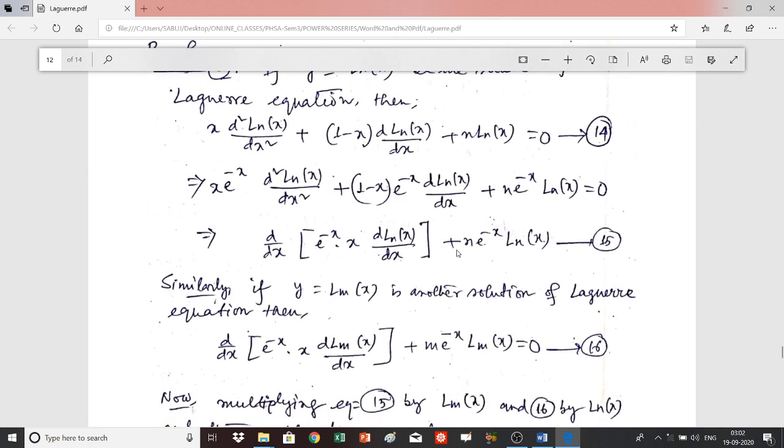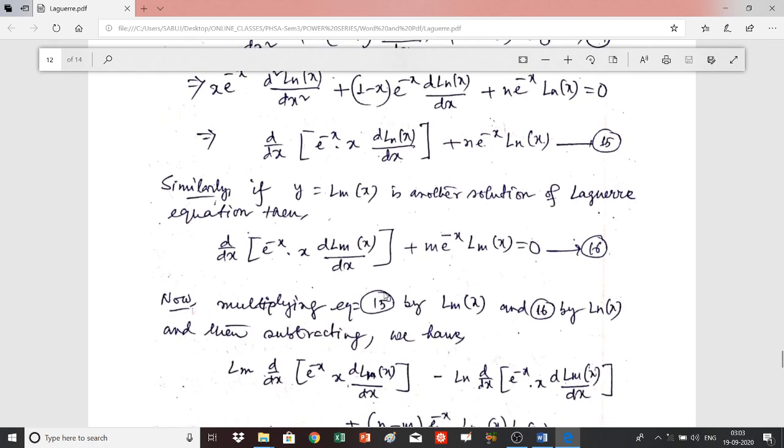And similarly, if you consider that y is equal to lm x is another solution of Laguerre equation, then you can write d/dx of e to the minus x x d lm x by dx plus m e to the minus x lm x, that is equal to 0. In this case only replace n by m. This is equation number 16.